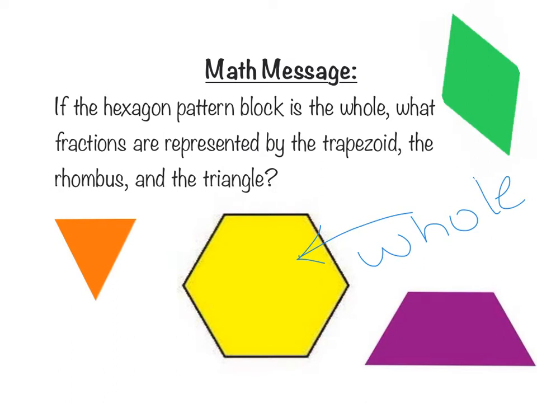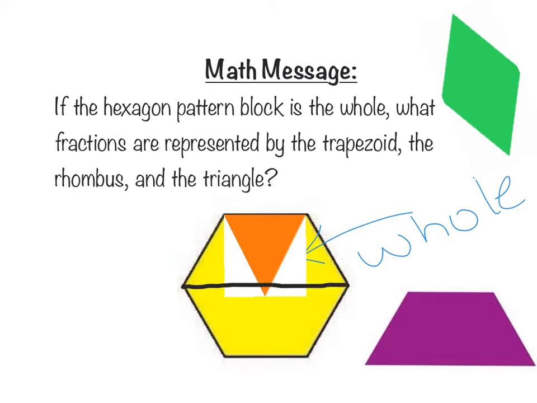What about our triangle? I've got a triangle here. I'm going to set it here in the center. And you can kind of see that if I drew a line in the center of this, and actually my triangle were exactly the right size, I could fit 6 triangles on that hexagon.